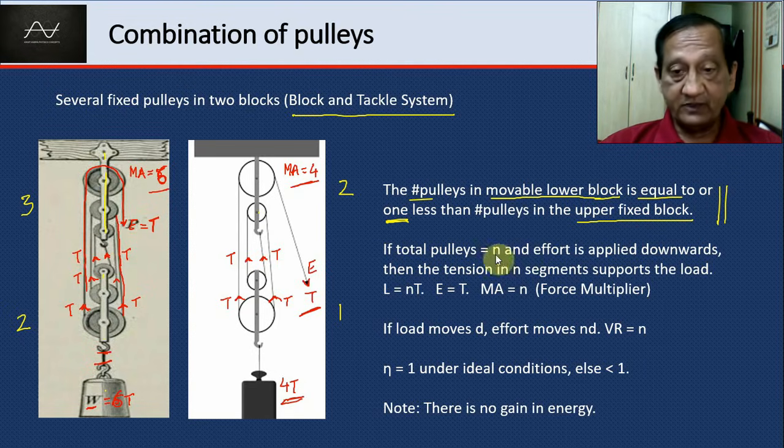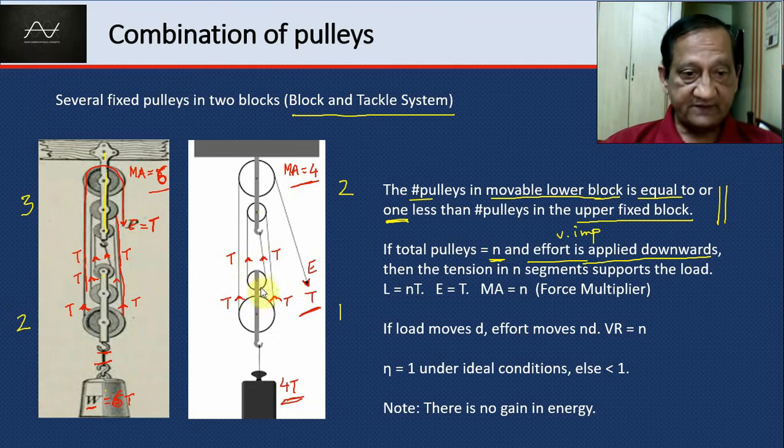If the total number of pulleys is n and the effort is applied downward, this is very important, how the effort is being applied, then all that we need to do is see the number of strands that are supporting the load. In such case, as we have seen in both the cases, the effort is being applied downwards. Here n was 6 pulleys, so MA was 6. Here n was 4, so MA was 4.